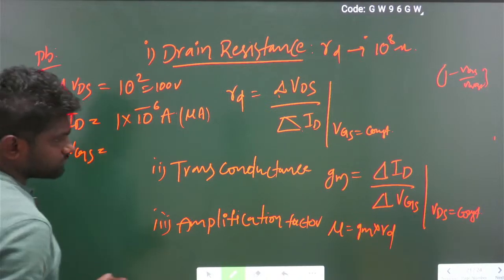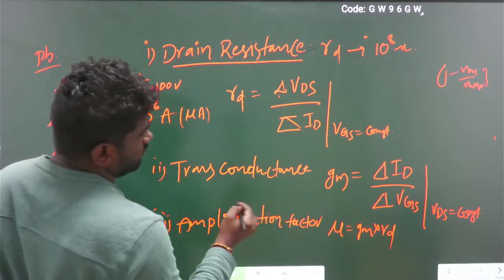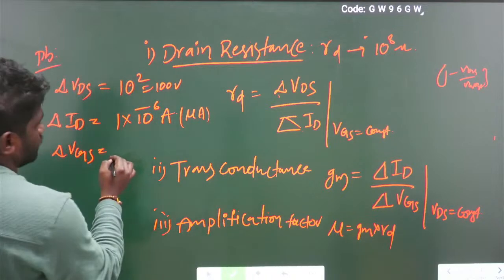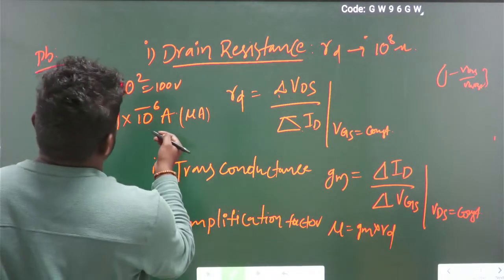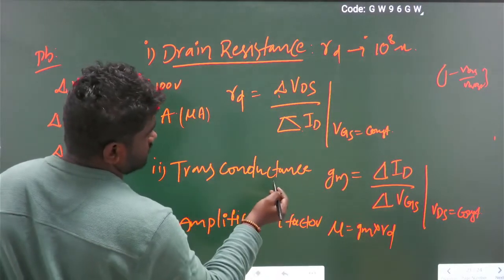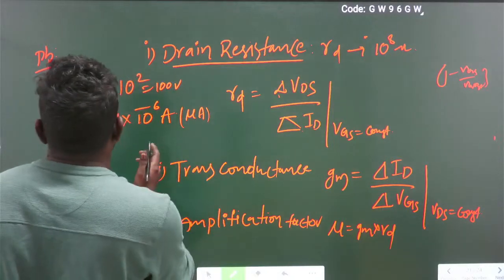VGS is negative, so taking some parameter 10 power minus 6.